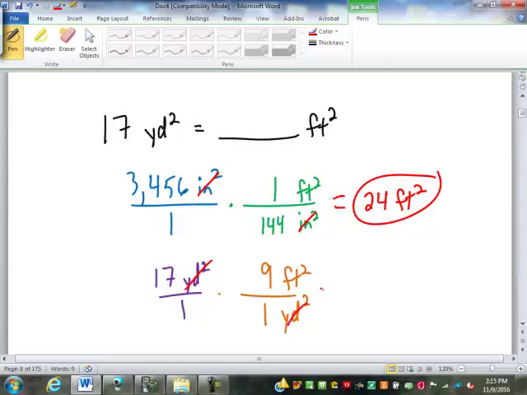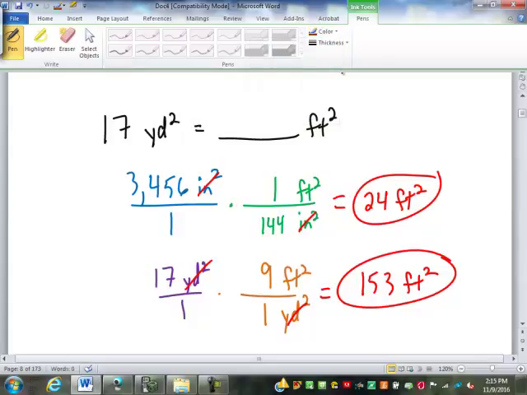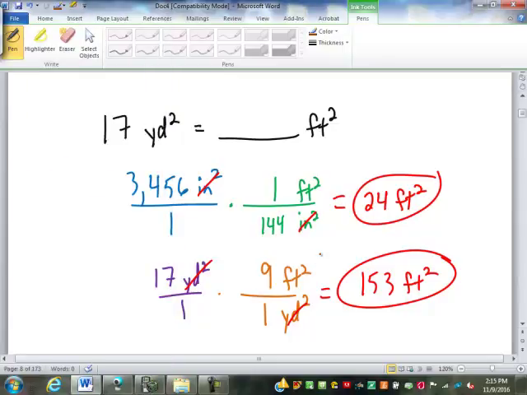So the square yards cancel out. 17 times 9 is, what, 153 square feet? Does that look right? Yep. Okay, any questions on those?